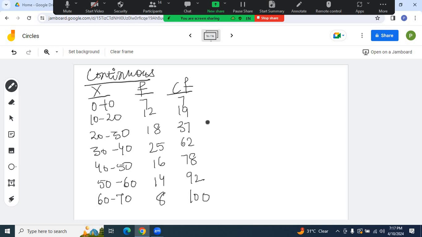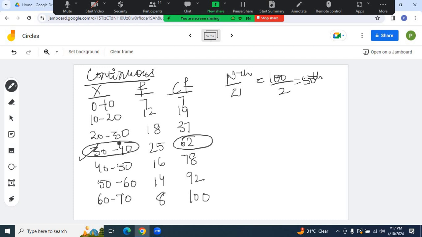Right? For the median, because it is a continuous series, we will apply the n by 2th item, not n plus 1. N plus 1 we use in individual and discrete series, not here. So here we have 100 by 2, the 50th item, which will lie in this class, and this will be the median class.